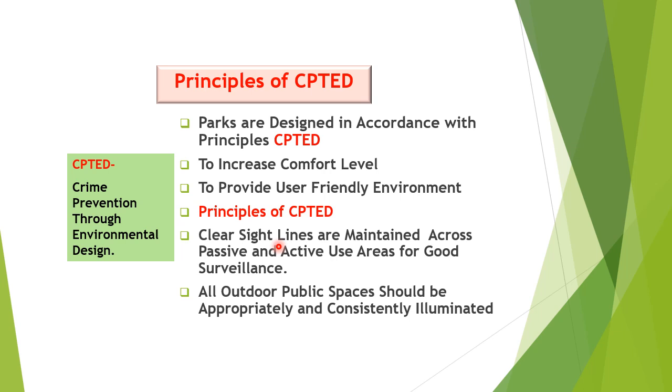First, clear sight lines are to be maintained across the passive and active use areas for good surveillance. That's why we keep, first of all, the trunk clear above breast height, and then there should be clear sight lines. All outdoor public spaces should be appropriately and consistently illuminated.